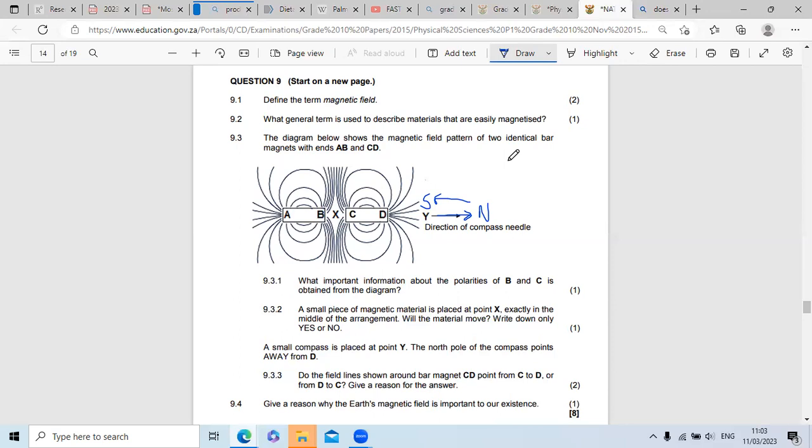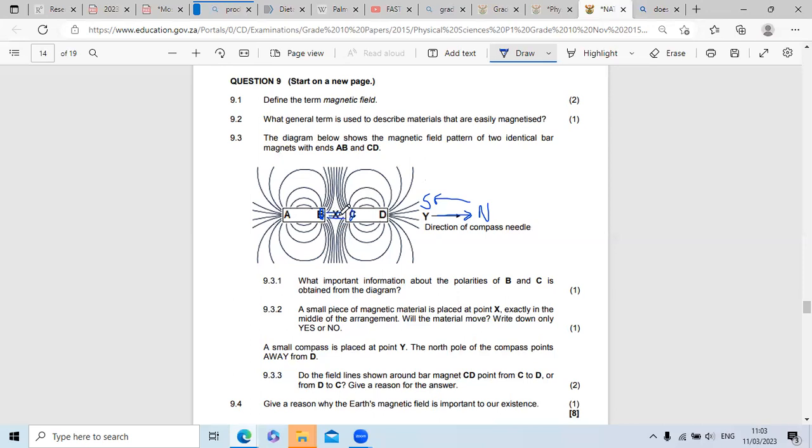I don't want to go into gender and all that, but let's just say it like this: a man is attracted to a woman, but a man is not attracted to a man. If this is male and this is male, there's going to be repulsion. And obviously, that's why the two magnets aren't attracting.